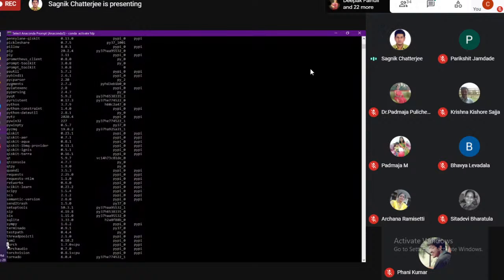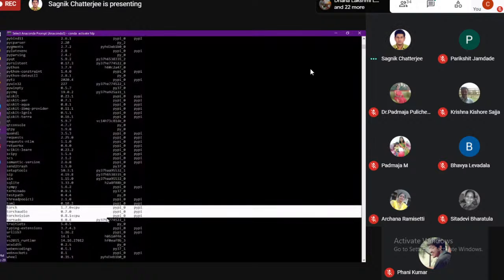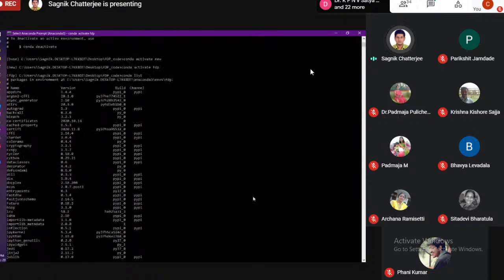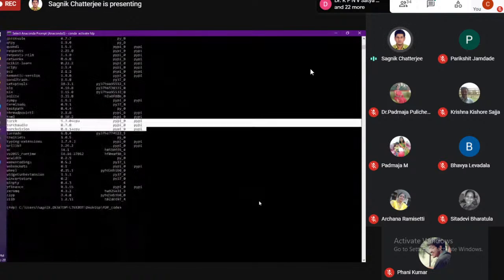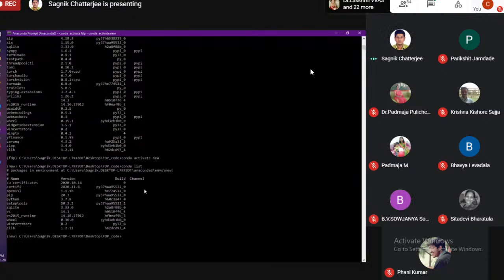So you have Torch installed here, all the PyTorch libraries, Torchvision, Torch. This is an easy way of checking whatever packages you have installed for the current environment. If I go back to the new environment and list there, you will not see any of these packages present. Only these packages are present.